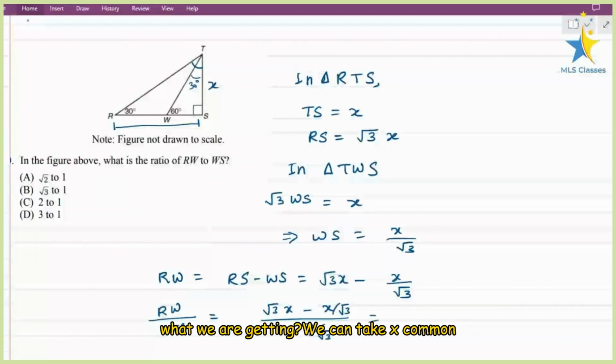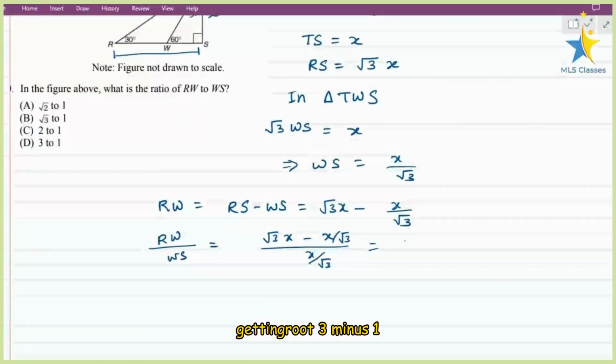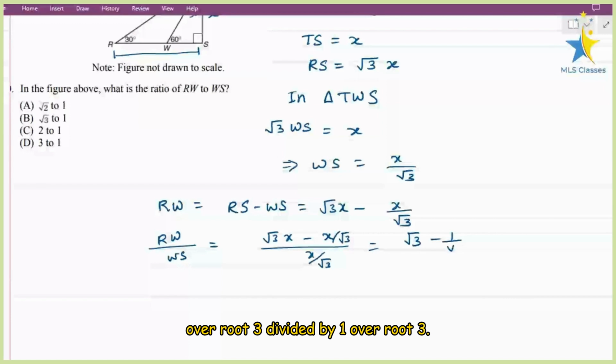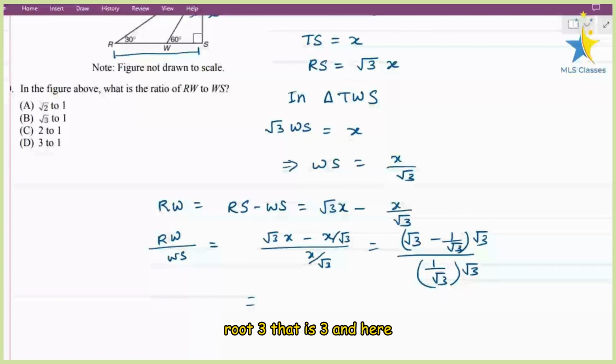We can take x common and it will cancel out. So we are getting root 3 minus 1 over root 3 divided by 1 over root 3. We can multiply by root 3 in the numerator and denominator. In the numerator it will become root 3 times root 3, that is 3, and here it will be cancelled out.